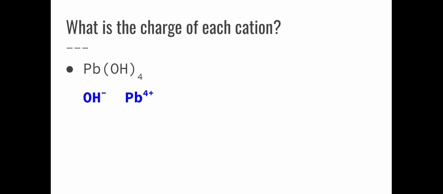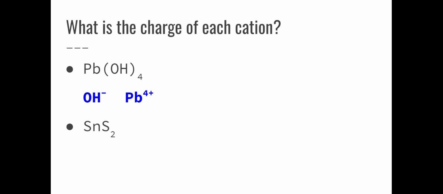You can't mess with the group. You can't mess inside the parentheses. The 4 outside the parentheses tells us we need 4 hydroxides. If each hydroxide is a 1 minus, and I need 4 of them, then to cancel them out, the lead has to be a 4 plus charge.